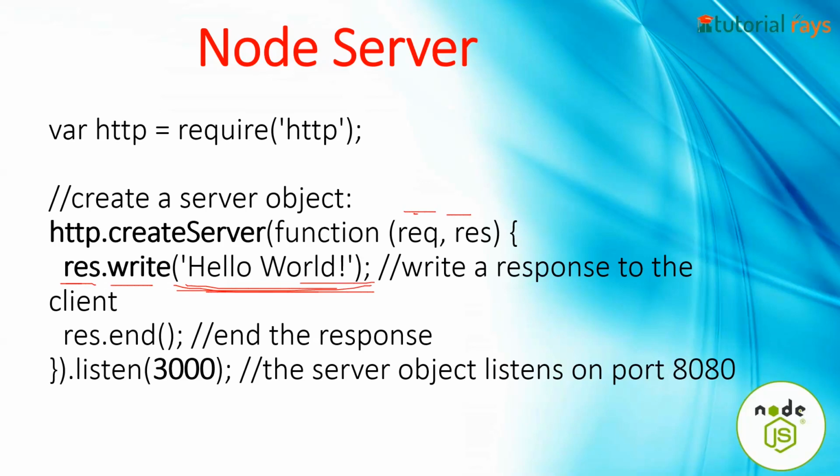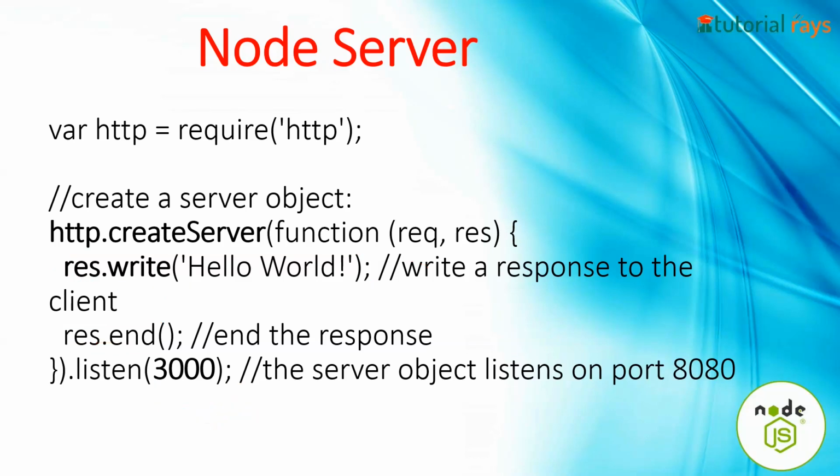Then response.send, first it will create it here and then send it back to the client. I'm providing the port number, the one I explained before, on which it will display. So I'm providing port number 3000 here. You can provide whatever port number you want, for example 8080, 9090, whatever you want.